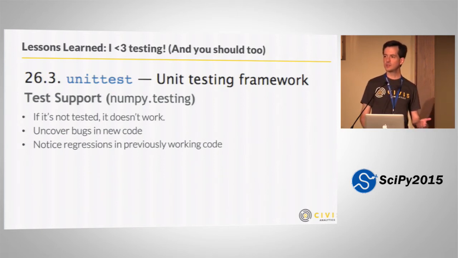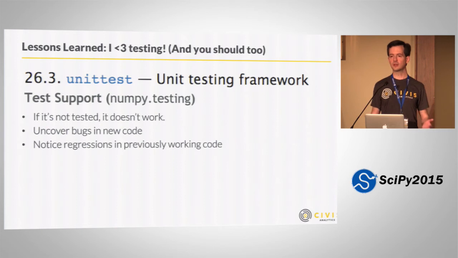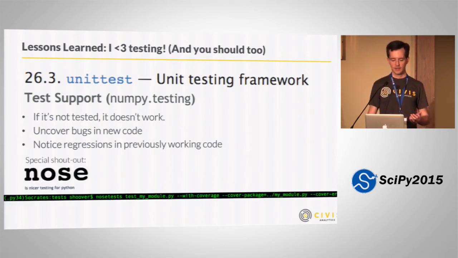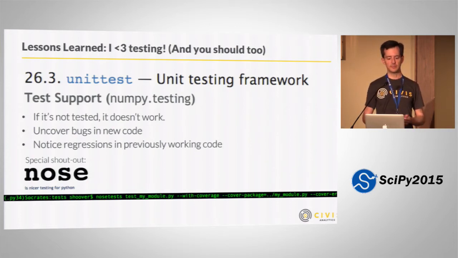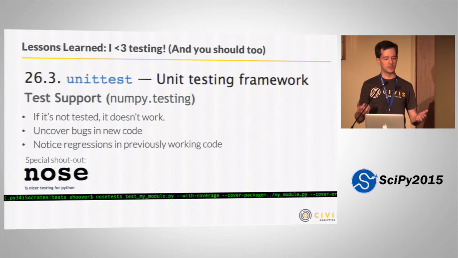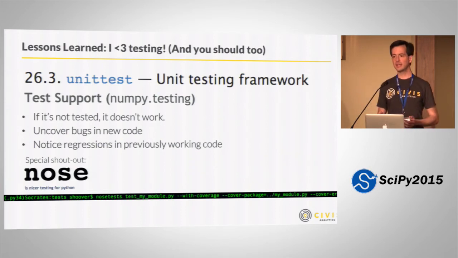NumPy has a testing module that you can use to do numerical tests, compare arrays, for example. Special shout out here to the Nose module. Nose is not standard library, but if you're developing code, if you have a lot of tests in your code base, Nose will run through all of them, run them all at once, give you a report back on that.